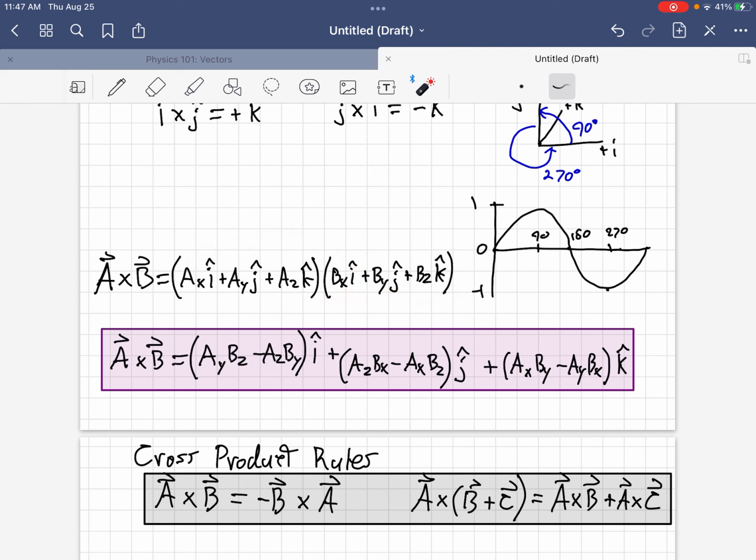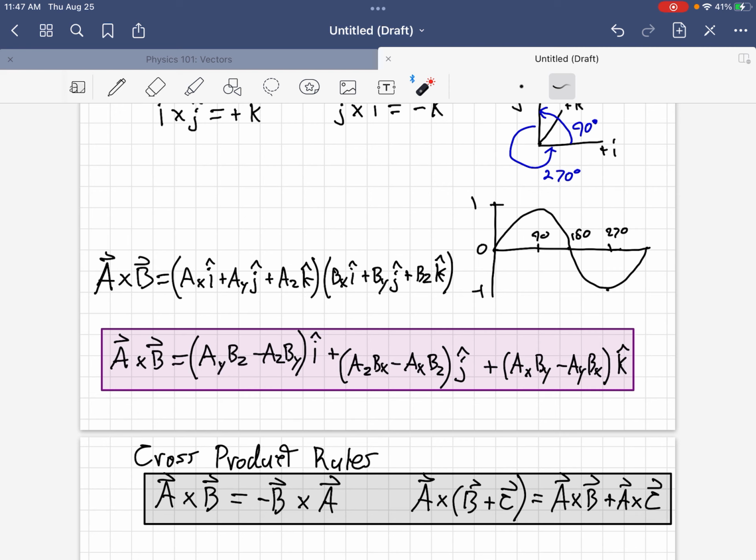So we'll have AXI plus AYJ plus AZK multiplied by BXI plus BYJ plus BZK. And if you multiply and distribute those terms, you're going to have 9 terms again.